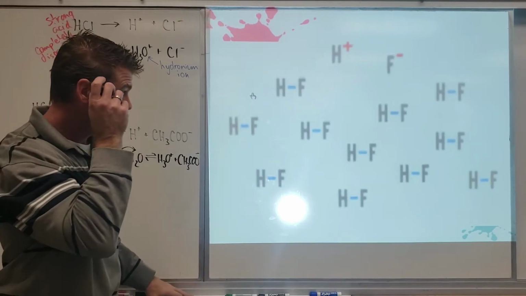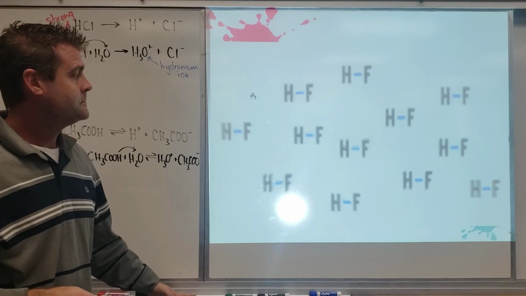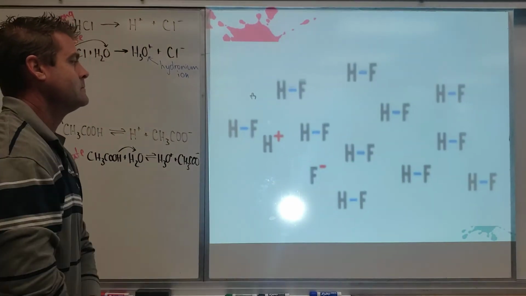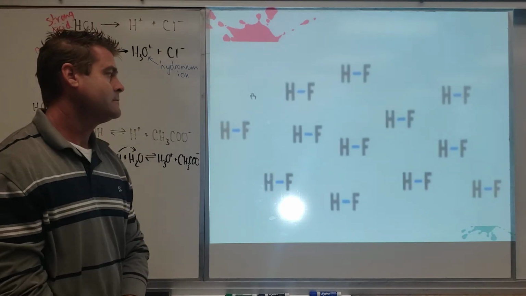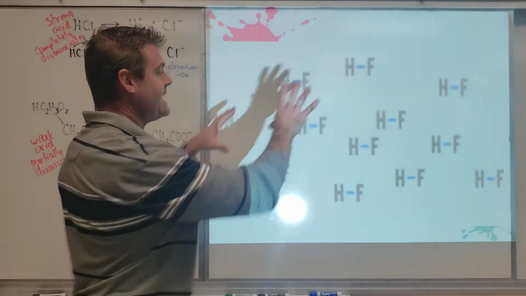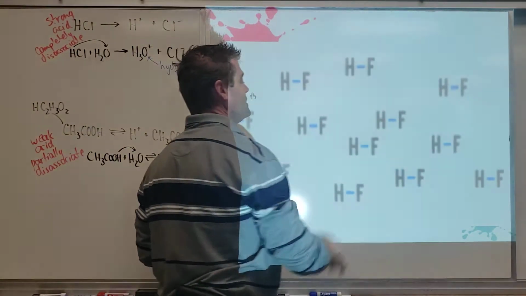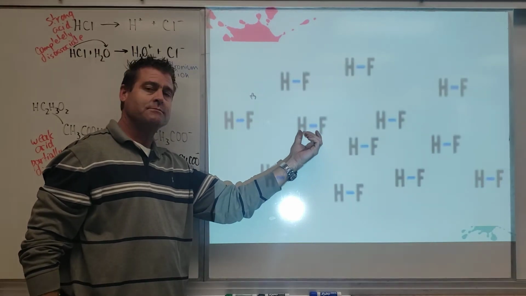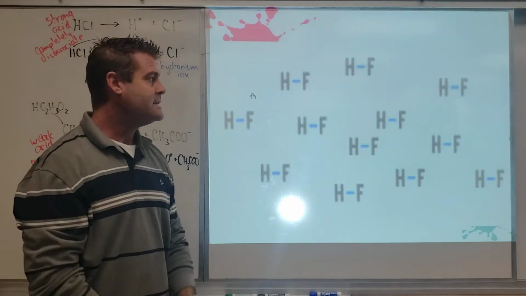Now look at a weak acid. Hydrofluoric acid is a weak acid because it only partially ionizes. At any one moment, most of the HF molecules have not split into their ions. You'll notice at any given time that most of the hydrogen and the fluorine stays associated together. There's a strong attraction between these, and they're reluctant to dissociate.